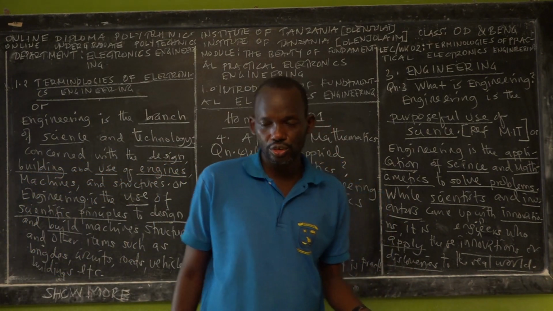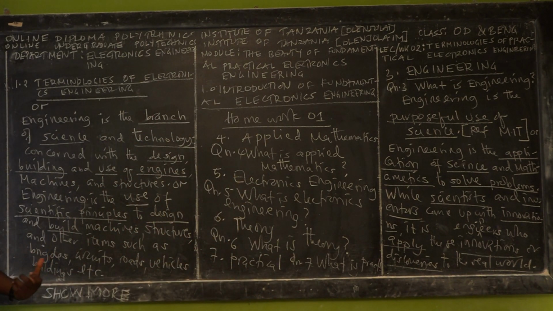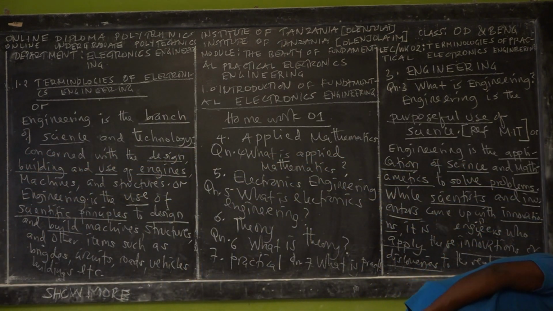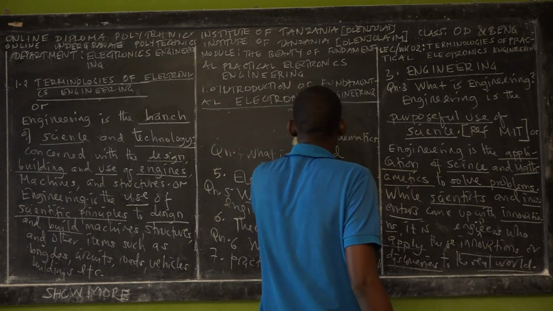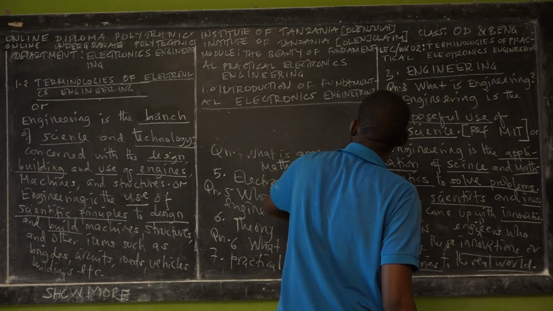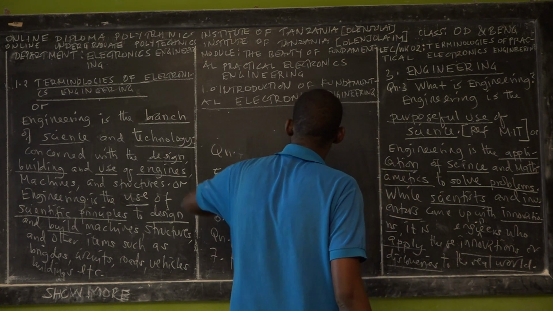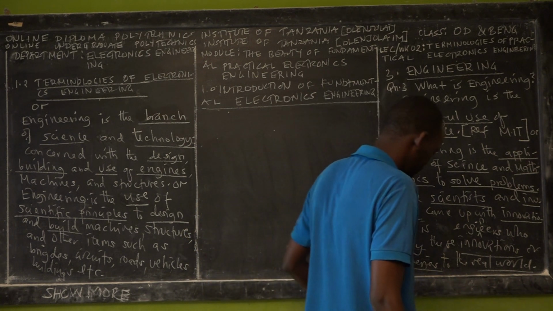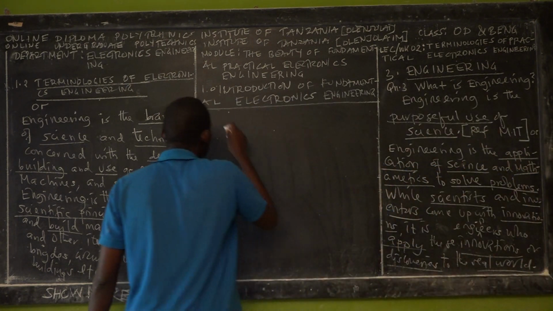Building focuses on implementation. Are we together? So that is engineering in general. Every field of engineering focuses on the use of science and technology. Okay, so that's all about engineering.